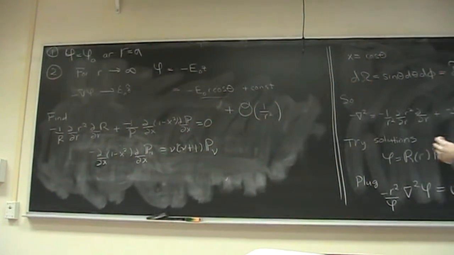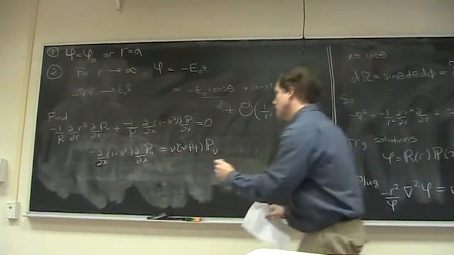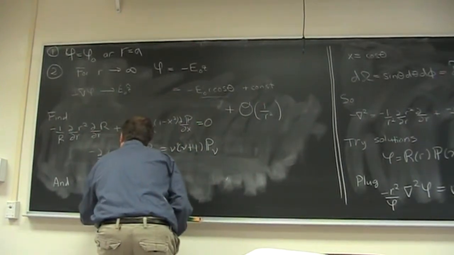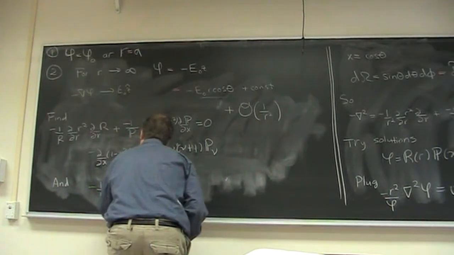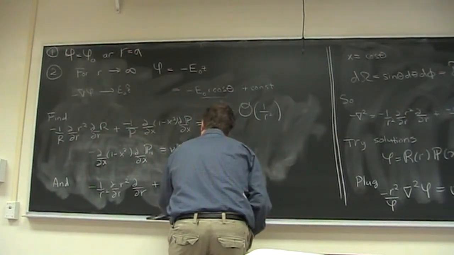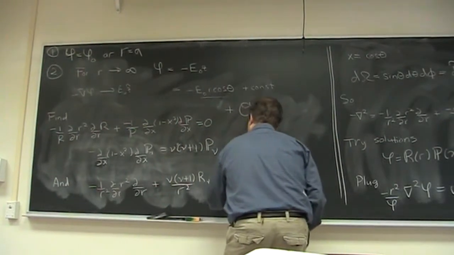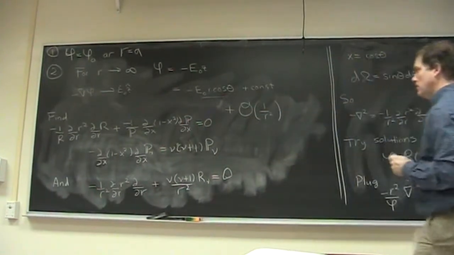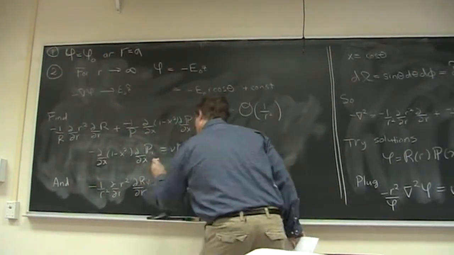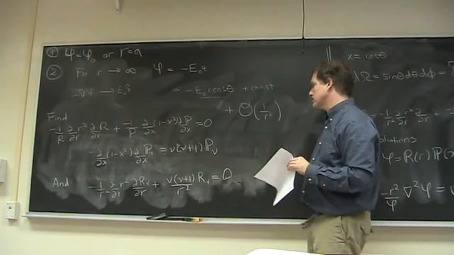And similarly for R, so once you have this thing, you can also solve for R. So you get two equations, one for R and one for P. The first will be the Legendre equation. The second is the radial equation for this function R.